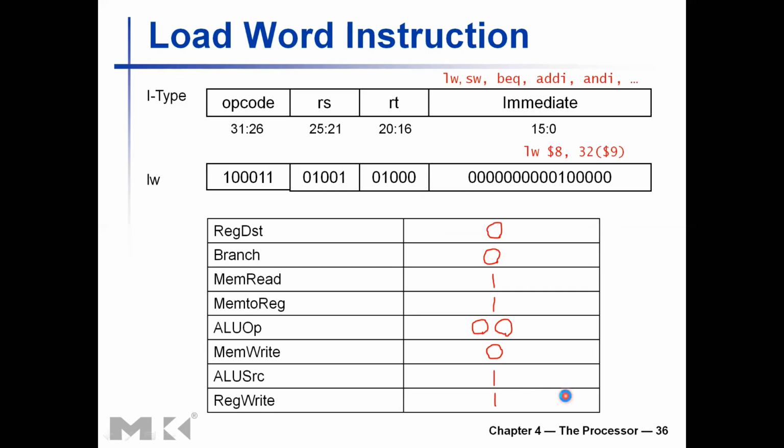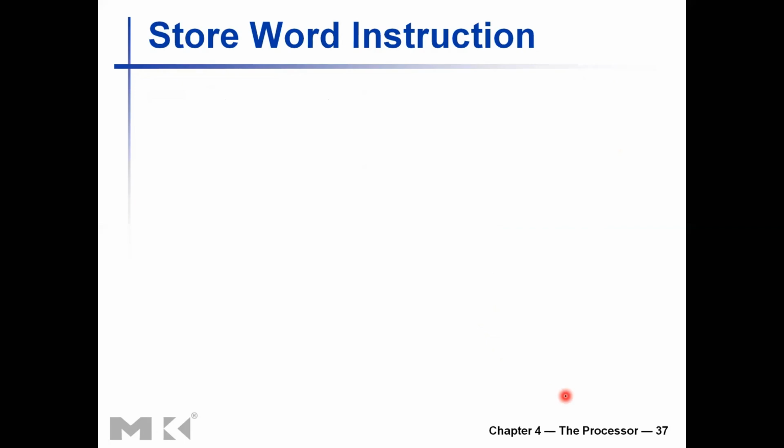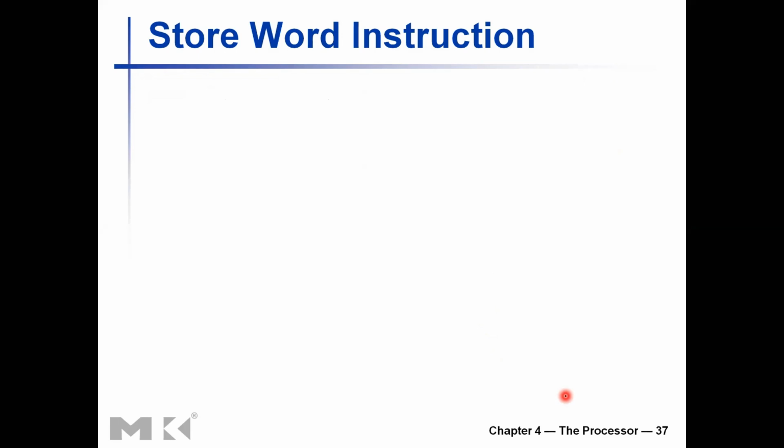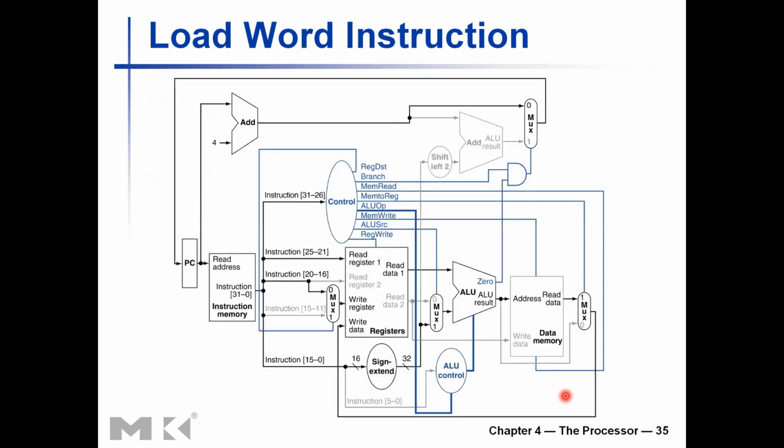So to wrap up this particular exercise, we had a look at R-type instructions, branch if equal, and load word. So I want you all to take 5-6 minutes, draw the relevant data path elements and the control signals which are used by a store word instruction. So draw a diagram like this for the store word instruction.